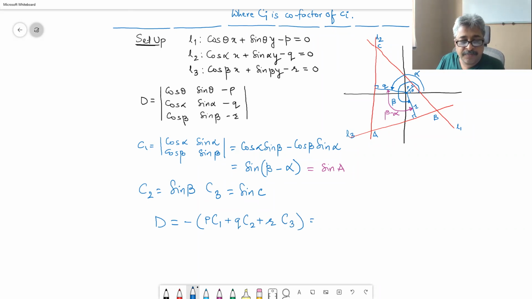Which is minus, inside bracket, p sin A plus q sin B plus r sin C. Now, of course, we have to get rid of these signs and get into the sides eventually. Therefore, sine rule. Why sine rule?